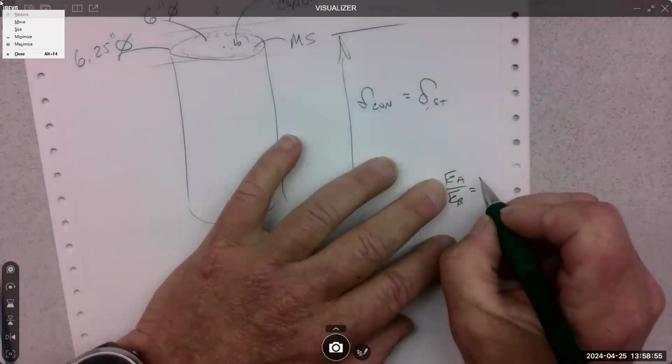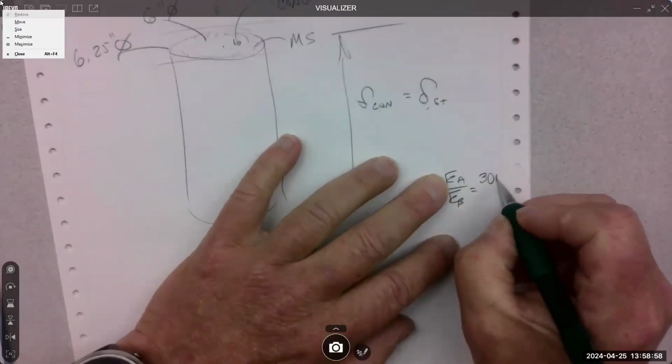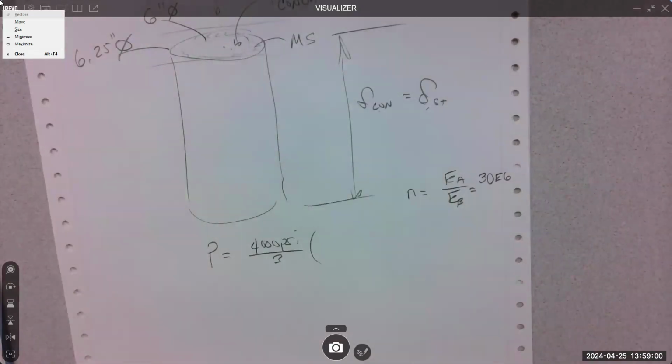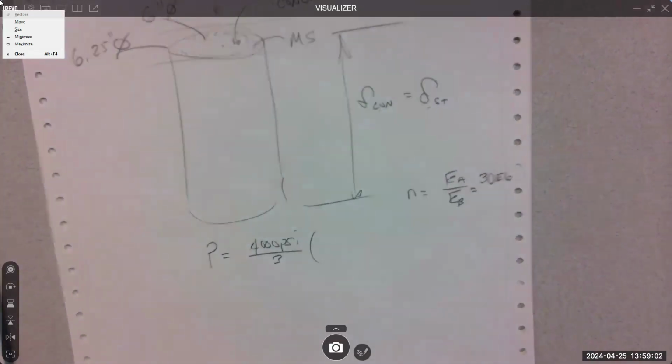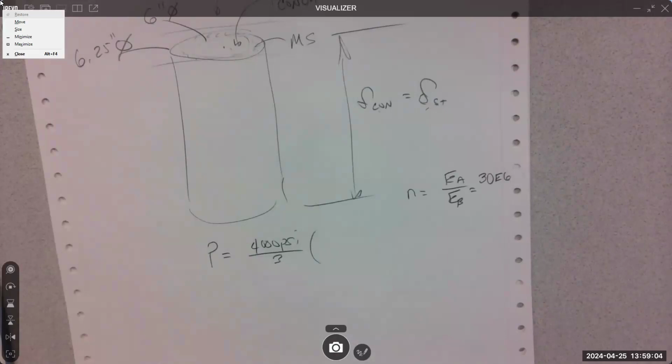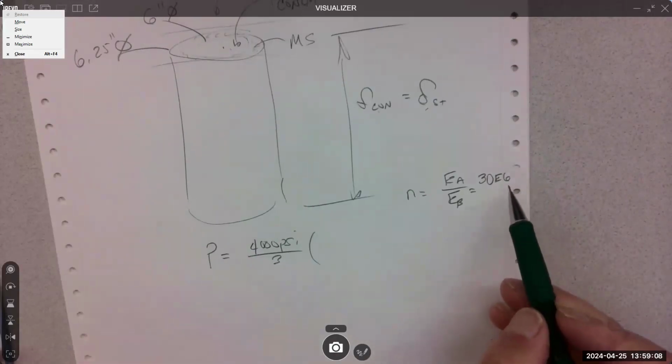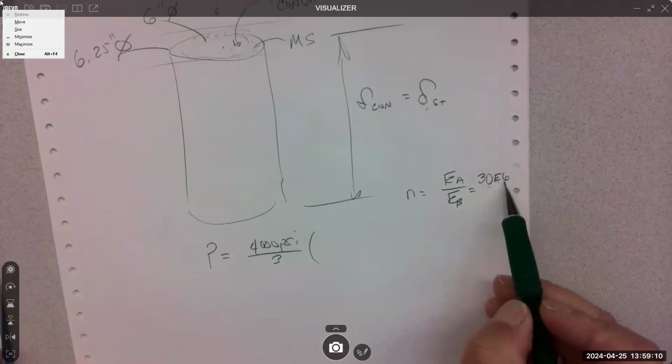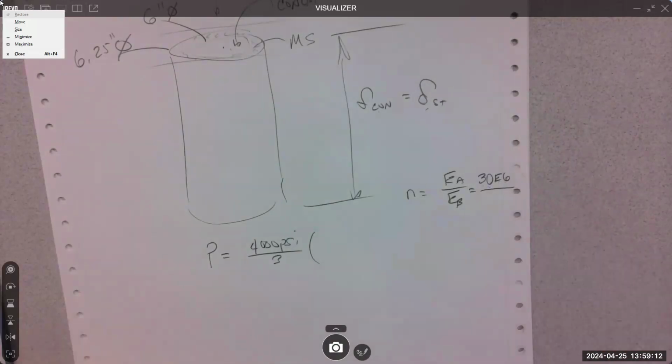So it's 30 million, 30 e to the 6 PSI. So as long as you keep the units the same, you'll be fine. So I'm going to use PSI, so it's 30 e to the 6. And then what's concrete?